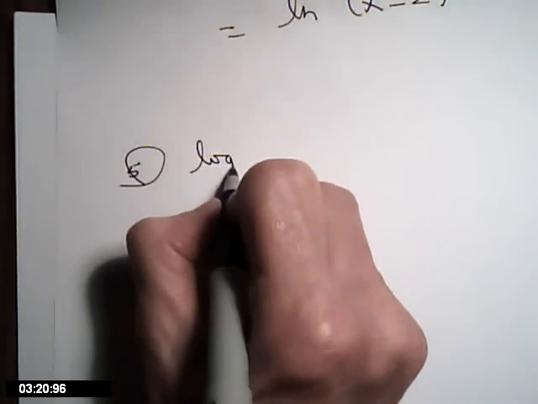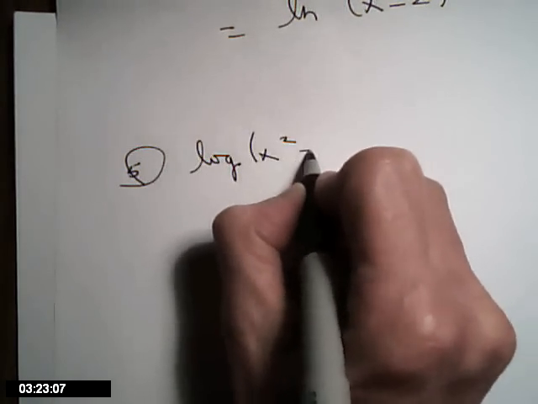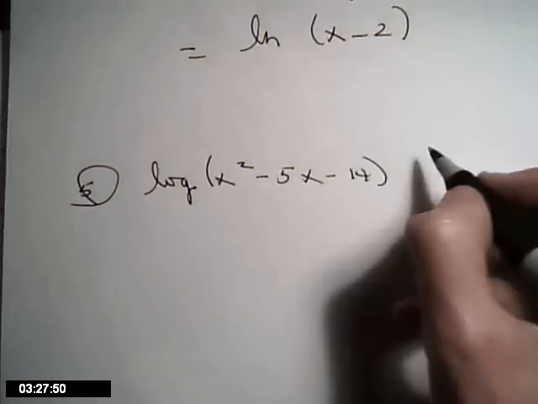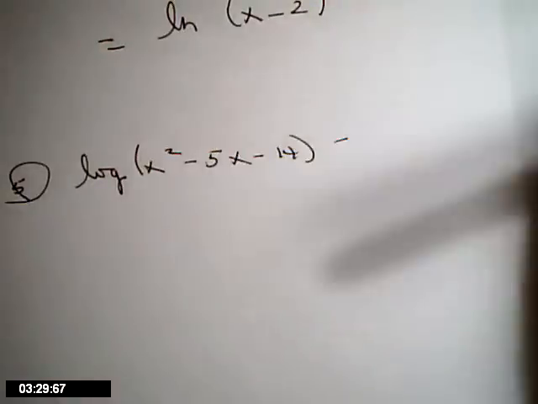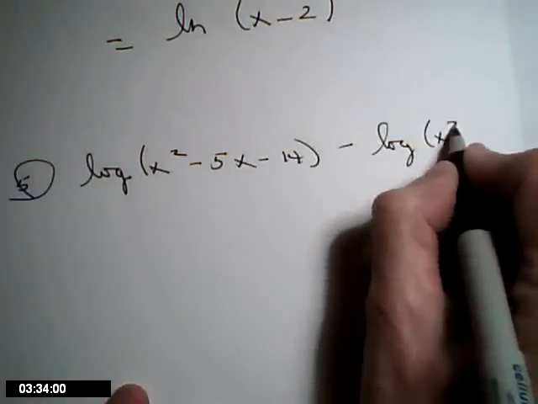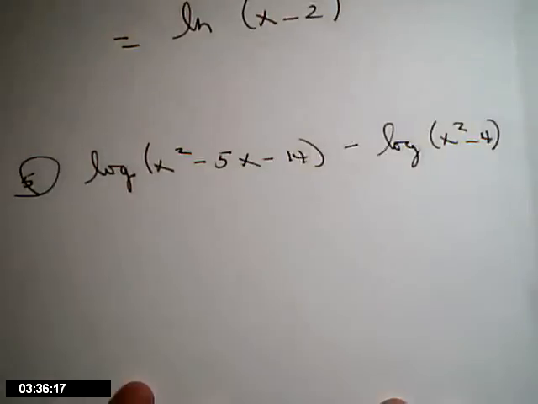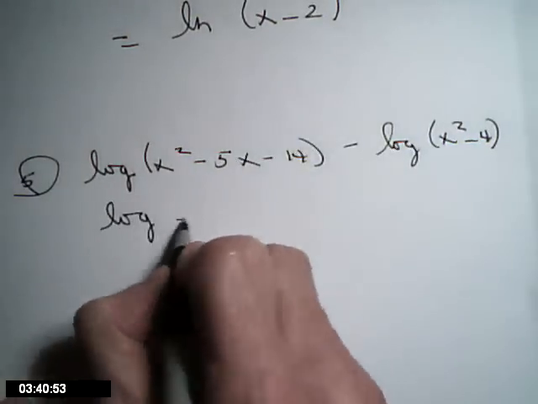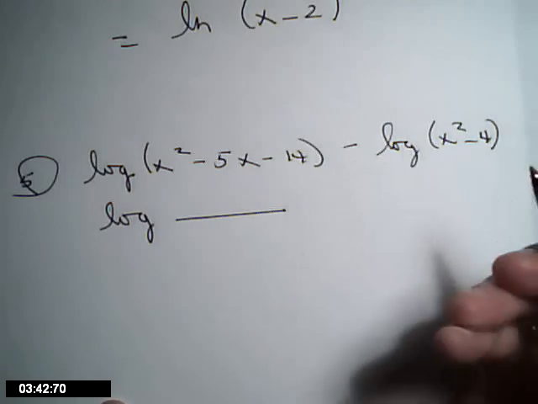Okay. Problem number 5. Let's suppose we have log of x squared minus 5x minus 14 minus log of x squared minus 4. Now you already see that we have quite a bit here that we're going to need to factor. So we'll have log, we're going to have a division because we have subtraction.